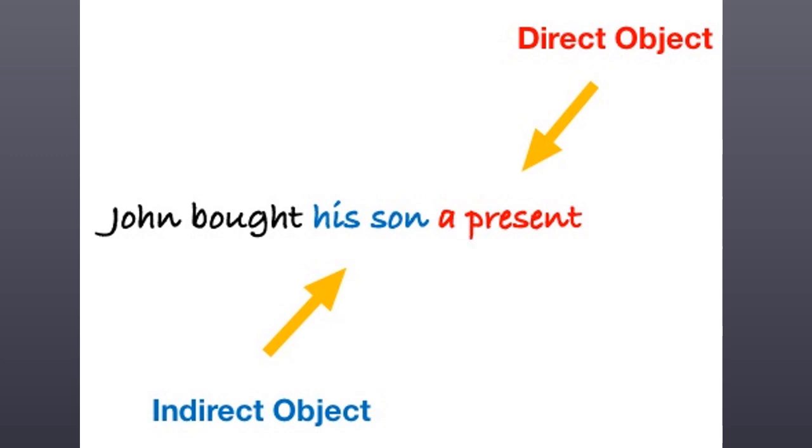Excellent. So present here is DO, the direct object. He bought it for who or whom? It's for his son. So it's going to be the indirect object. So you have to learn how to ask the question and understand the sentence in a proper way.